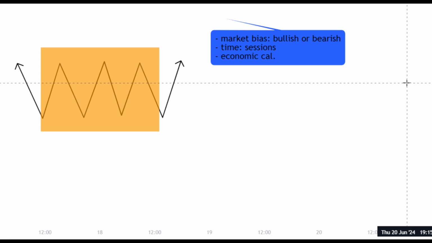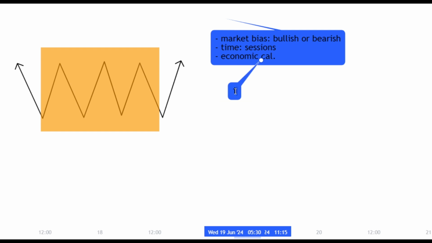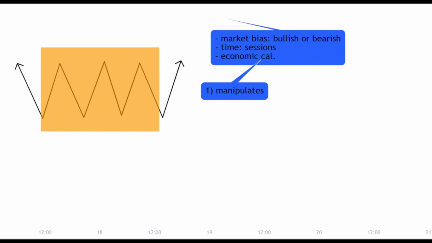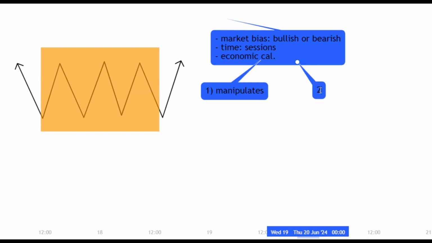And what happens is that these events are responsible for two things. Either it manipulates, which is what most people understand, but it can also distribute, and that's what people often miss.